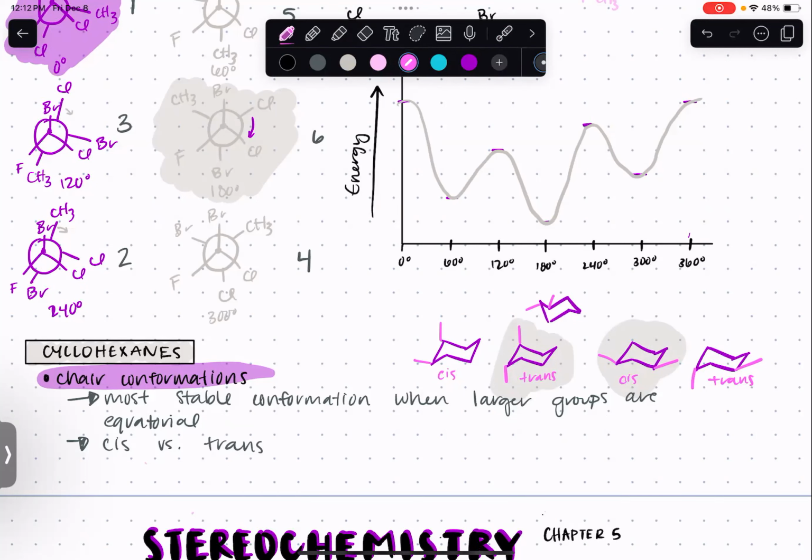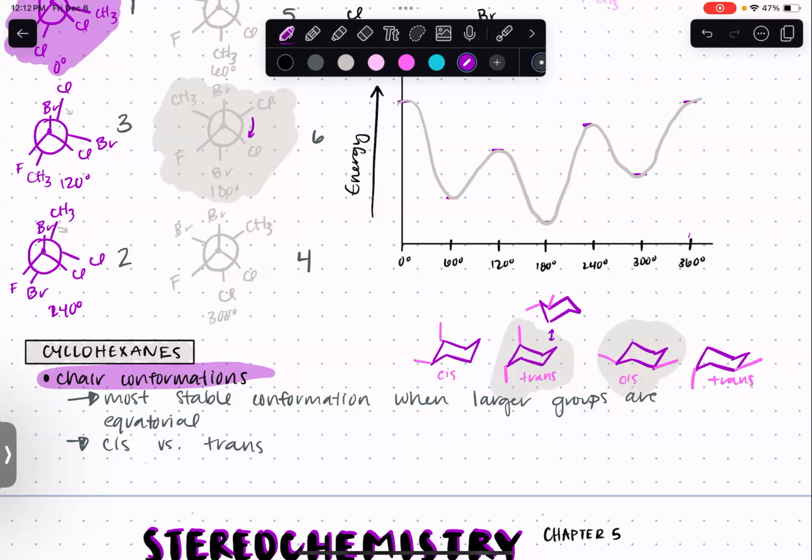No, you're good. I thought that if, for example, she asks for cis, which one is more stable, you would pick the chair form where they're equatorial. But if she asks which trans is more stable, you would pick when they can both be axial, I thought.